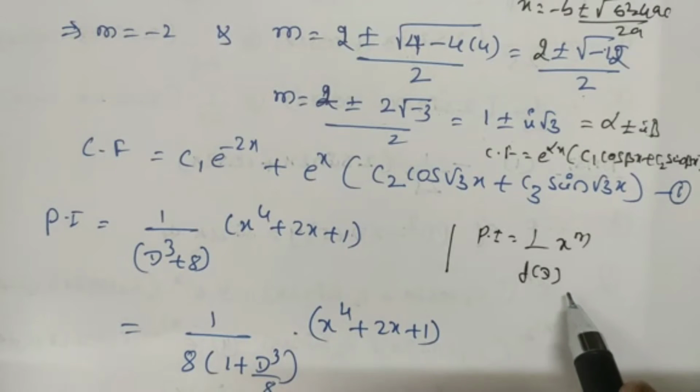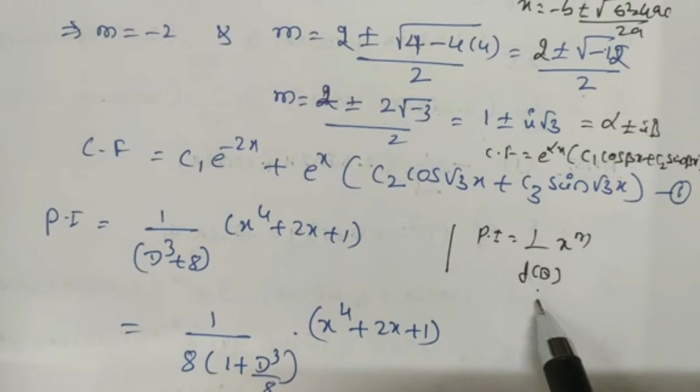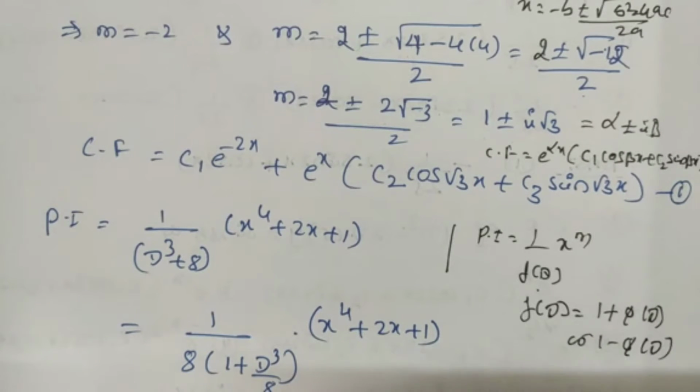In this case, we have one method: take the least degree term of f(D) common, and express f(D) in the form of 1 + φ(D) or 1 − φ(D).